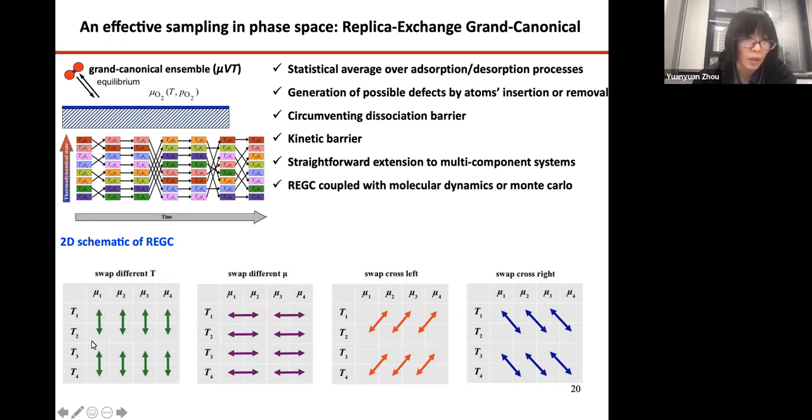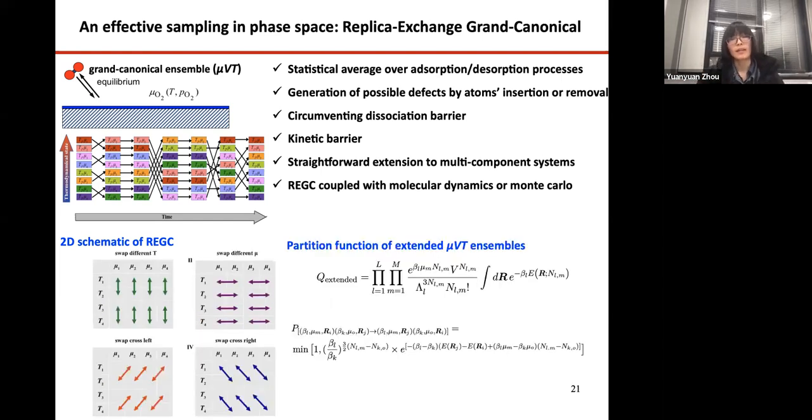In each of these swap types, all the replicas are involved. So they try to swap in one step.